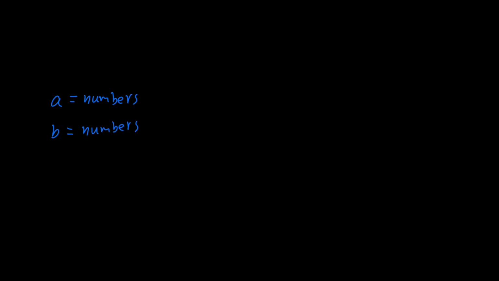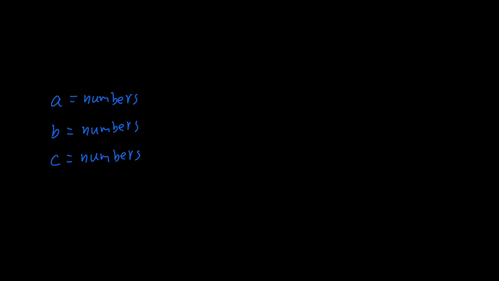Let's say I want to use variables. Variable A represents numbers, and variable B represents numbers. Also variable C, because we have 3 numbers right now, represents numbers as well.